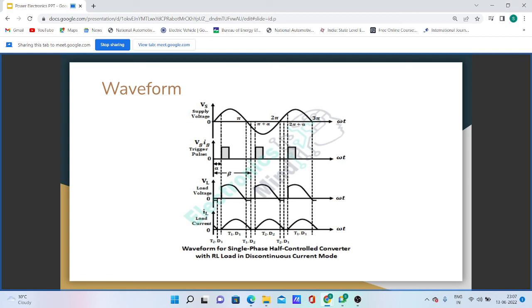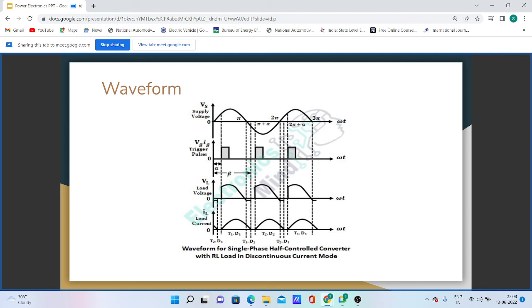Now at omega t equals pi, the supply goes through zero, that is, the supply voltage reverses its polarity. Therefore, the conducting thyristor T1 tries to turn off, but due to the presence of inductance at the load side, it will try to oppose any change in current flowing through the load.